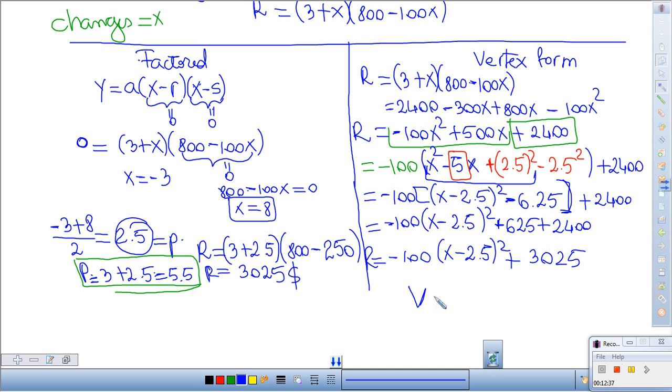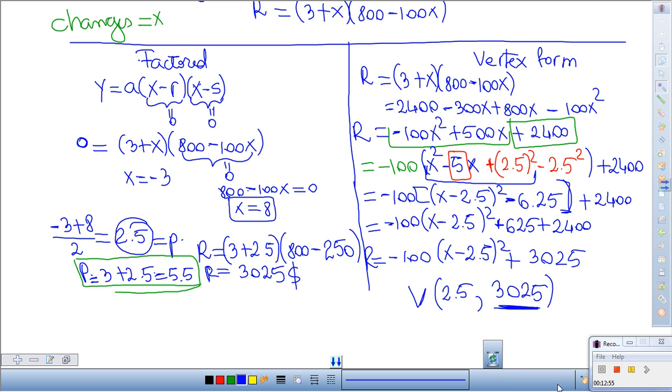So let's see what the vertex is. Well, the vertex is given by the P, which is 2.5, and the Q, which is 3025. So the maximum value of that revenue is 3025. Now, let's not forget what the X represents. The X represents the number of changes in the price.